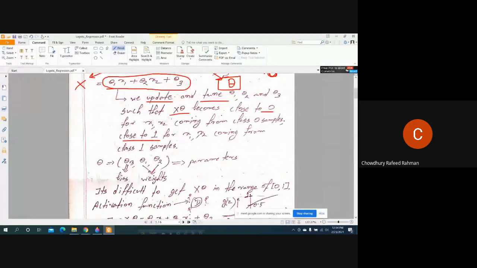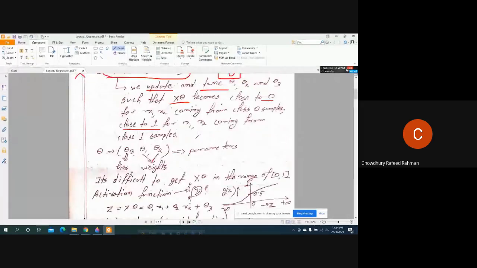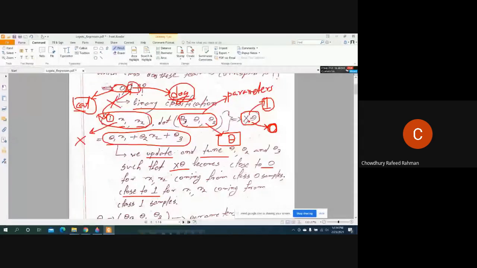Okay. Now, the thing is, this is actually a dot product, right? We are multiplying some features with theta1, theta2, and then adding theta3. It is very difficult to bring this value close to 0 or 1. This value may jump. This value may become 1,500, right?